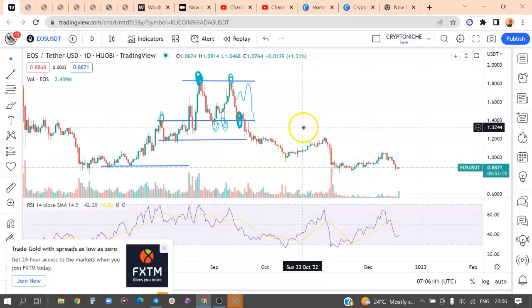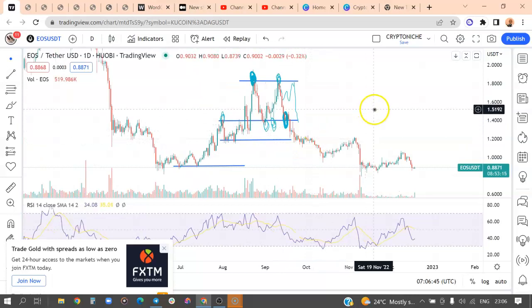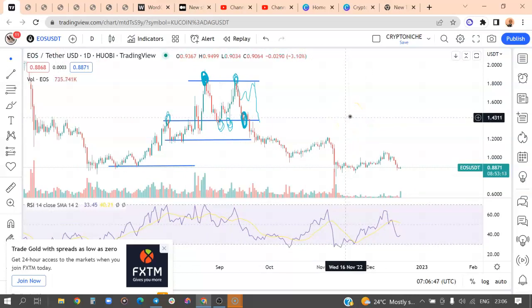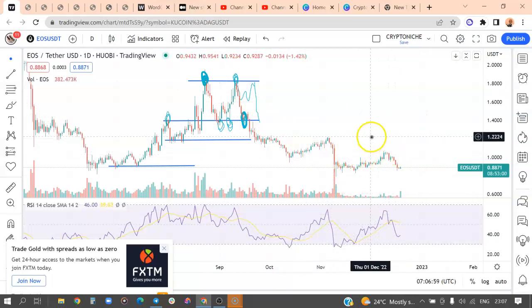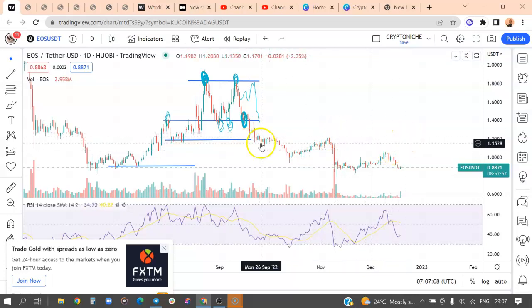A technical analyst only needs to believe in what he's doing and keep a record of his performance. That's all you need as a technical analyst. But fundamentals keep changing: the news, the bad news, the good news, the neutral news, all of these keep changing in fundamental analysis.